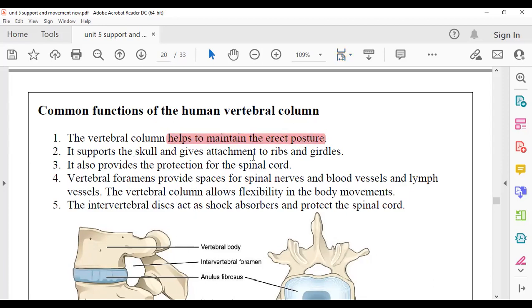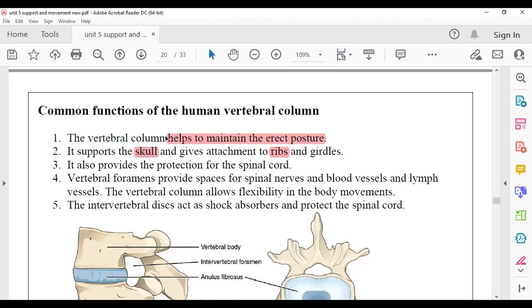It is also supporting the ribs. What are the vertebrae supporting the ribs? Thoracic vertebrae. And it supports the skull.